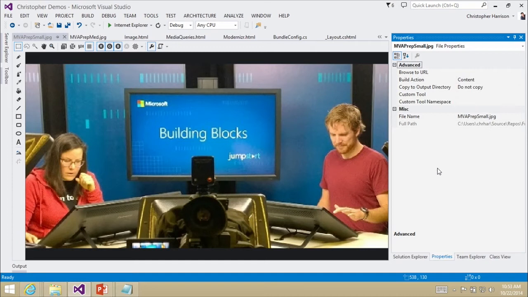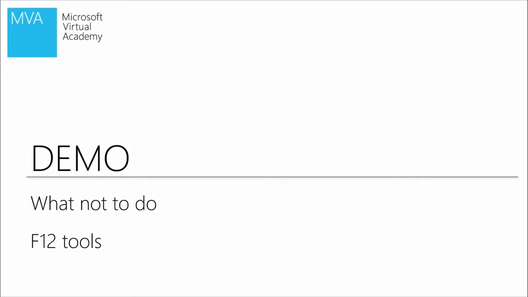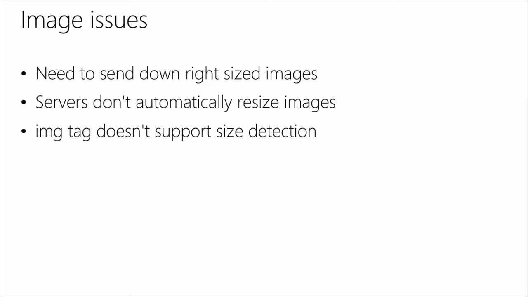That's what we want. What I want to do is figure out what size the browser is, and then send down the right image based on that browser size. And unfortunately, there isn't a mechanism available right out of the box to do this.